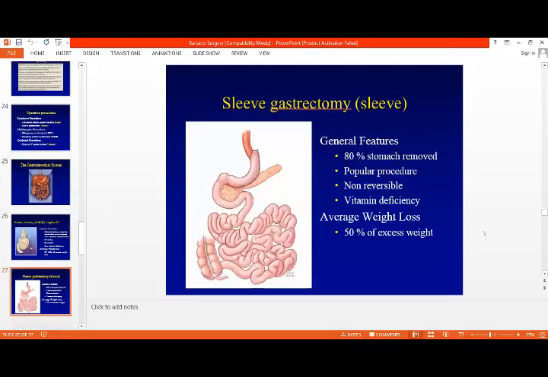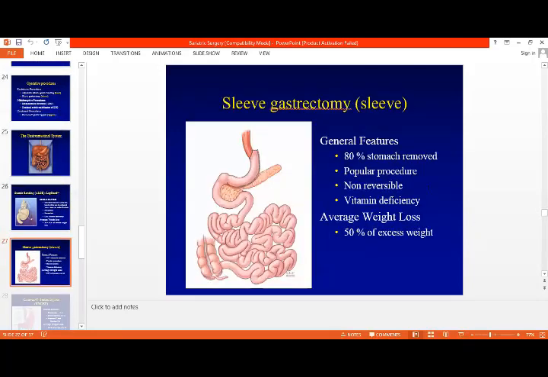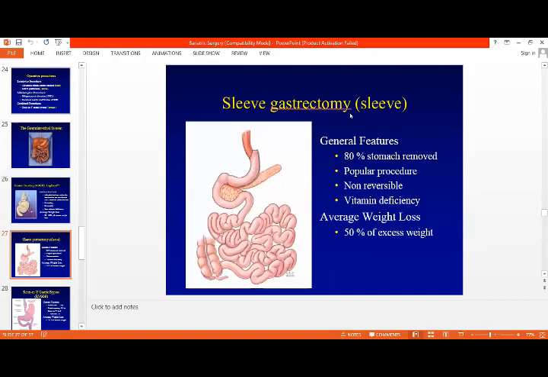The next restrictive procedure is the sleeve. It is called a sleeve gastrectomy, in which the big stomach is actually cut and removed out of the body via a laparoscopic procedure. And a very small sleeve-like stomach is left near the lesser curvature.